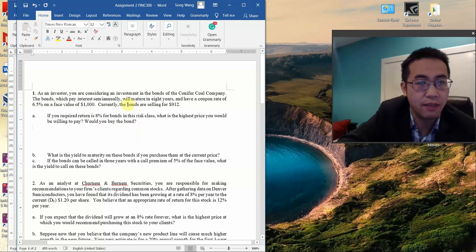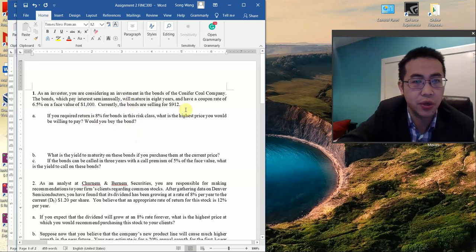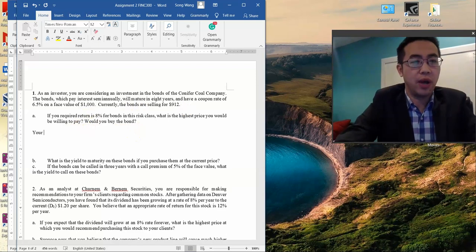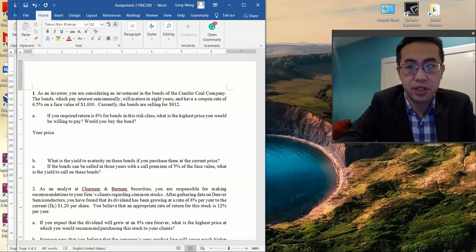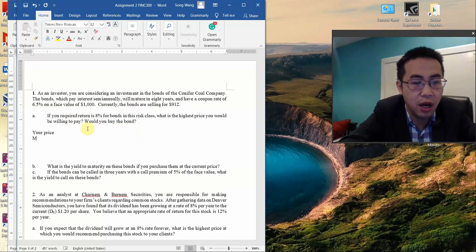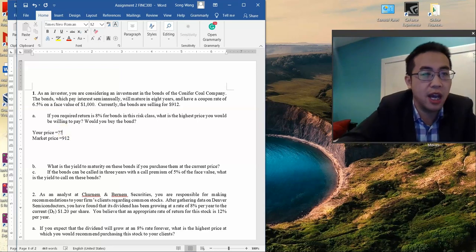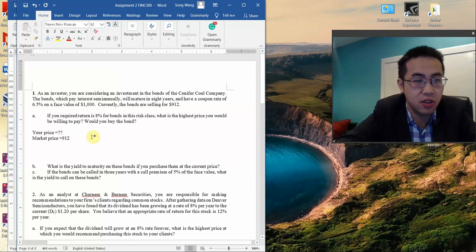So right here, you have a bond price, which is $912, but that is not the answer to this question, because you are looking for your price and you are separating yourself from the rest of the market. And the market price is $912, but you need to know what would be the price you are willing to pay as one of the individual investors.